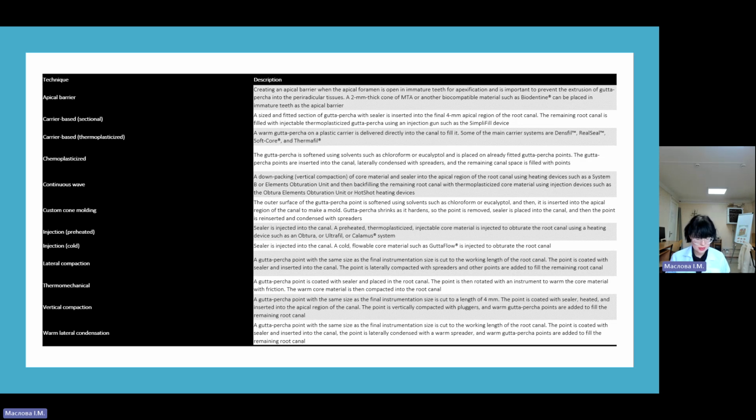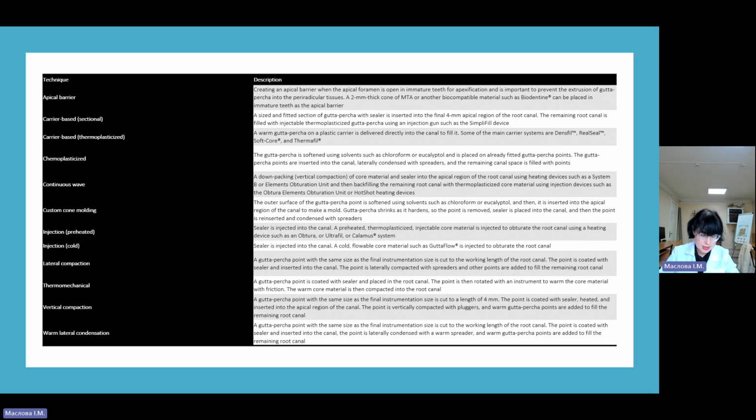The alpha phase shrinks as it cools and sets, which is a disadvantage clinically. The thermomechanical properties of gutta-percha have been well reported. Most of the changes in phase occur from room temperature to around 60.